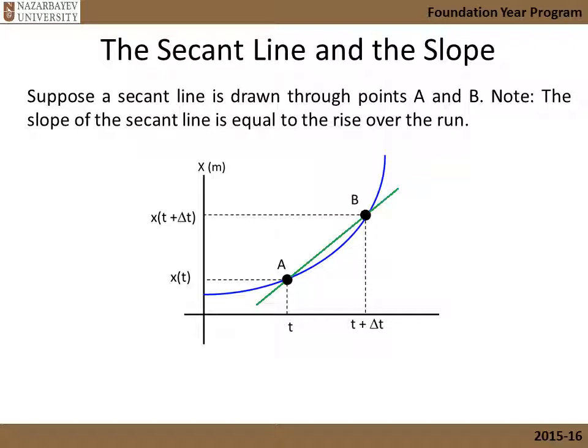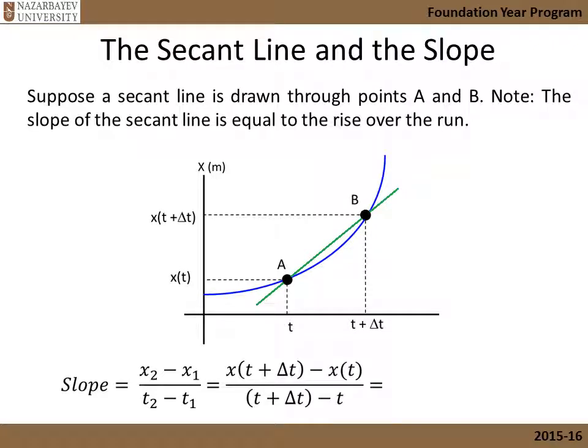Let's suppose we have a second line which is drawn through the points A and B. We can note that the slope of the second line is equal to the rise over the run. So our slope equals the difference of x coordinates over the difference of t coordinates, and this equals x of t plus delta t minus x of t divided by t plus delta t minus t.